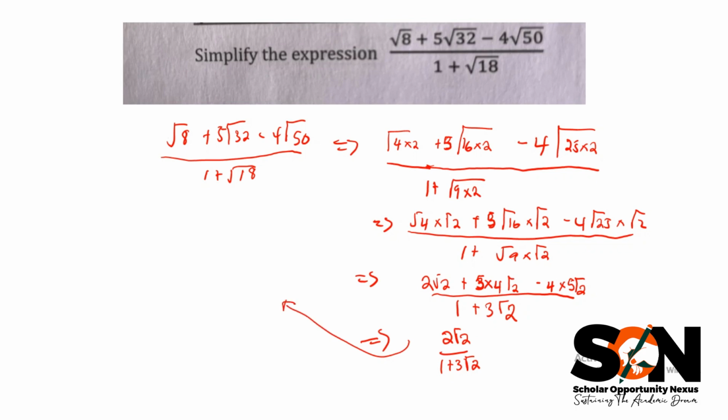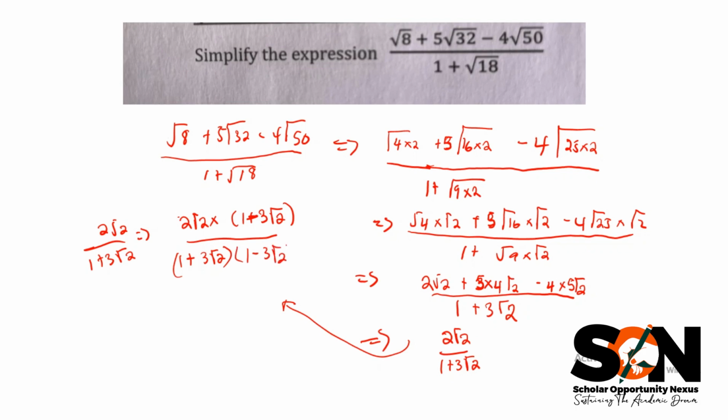After getting that 2 square root of 2 all over 1 plus 3 square root of 2, you need to what? Rationalize the denominator. So you multiply both the numerator and the denominator by the conjugate of the denominator. So that will be 2 square root of 2 times 1 minus 3 square root of 2 all over 1 plus 3 square root of 2 multiplied by 1 minus 3 square root of 2.